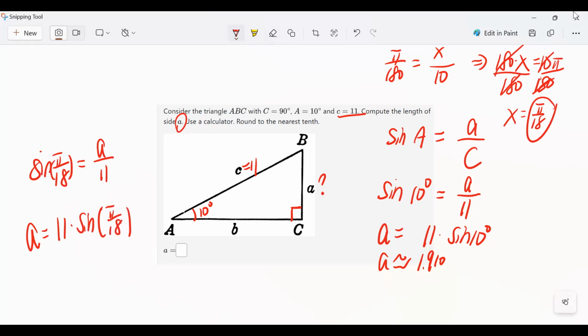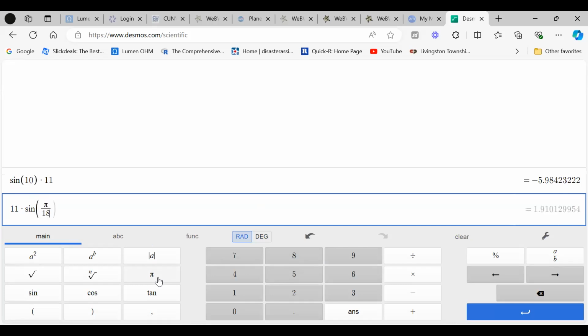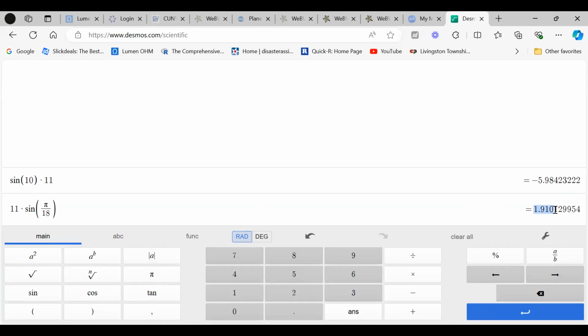Now let's just confirm that both give us the same answer from the scientific calculator. So here we're going to do sine and come back to the 11 times the radian measurement, sine of pi over 18. And then you see it's the same result, right? So yeah, the same result, 1.910.